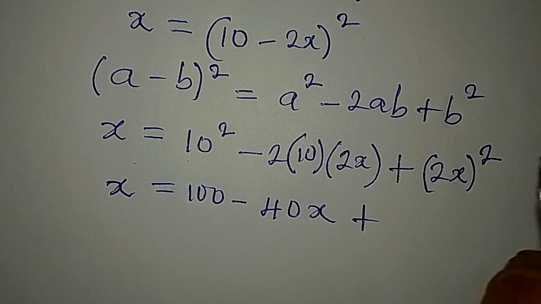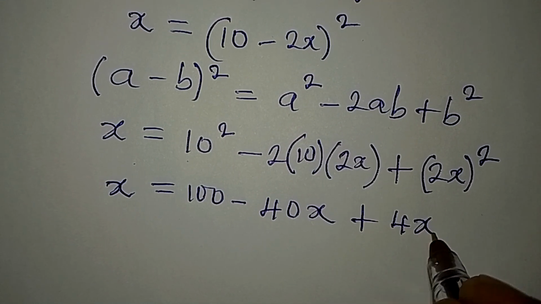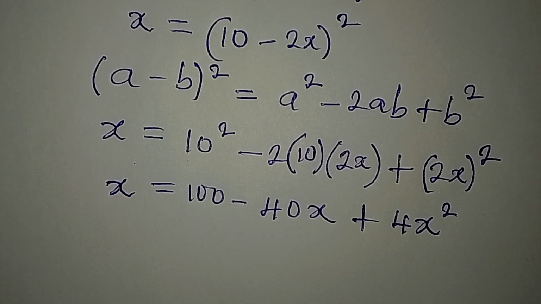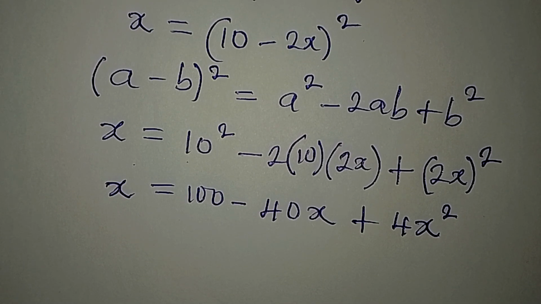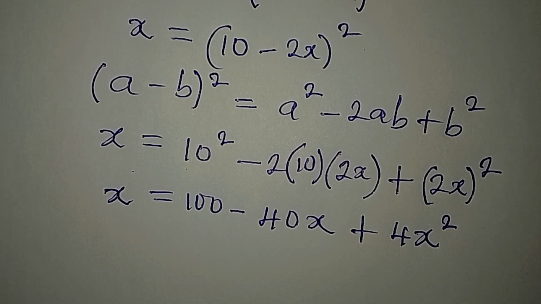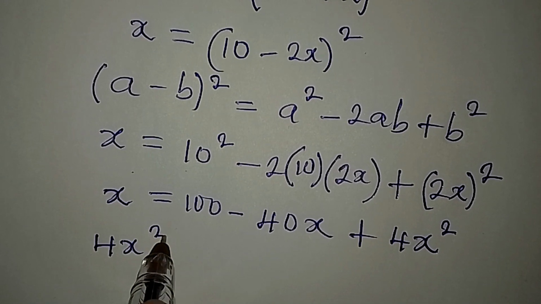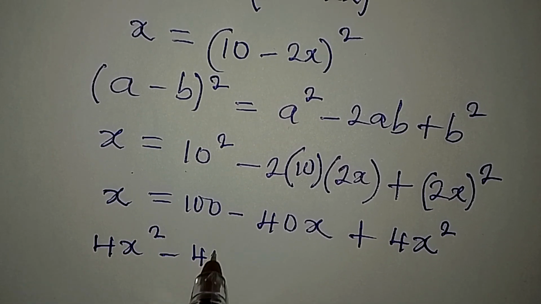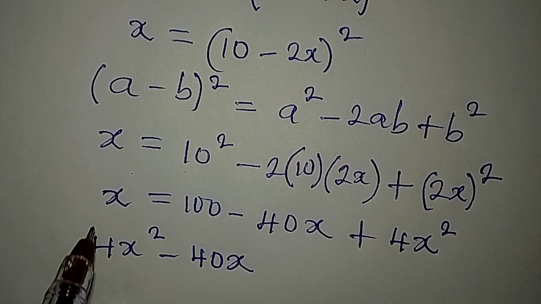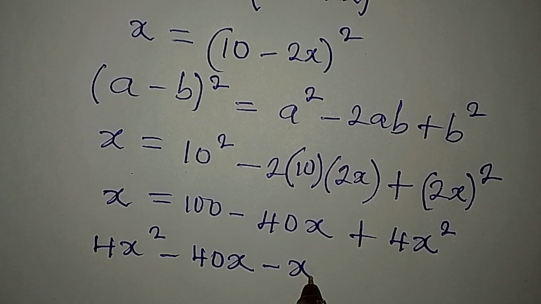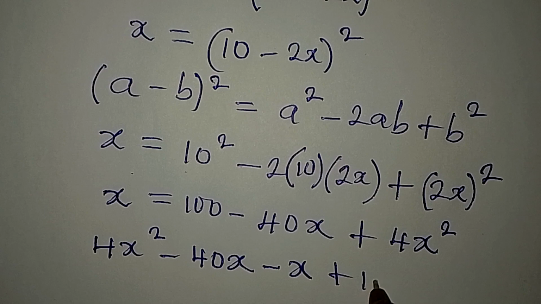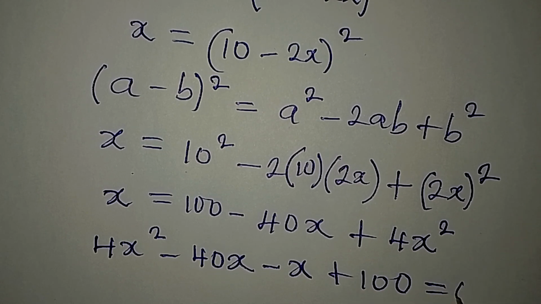Then plus 2x squared will give 4x squared. And now we can rearrange what we have here, so that we'll be having 4x squared first minus 40x. This becomes negative x, and this is plus 100. This is equal to 0.